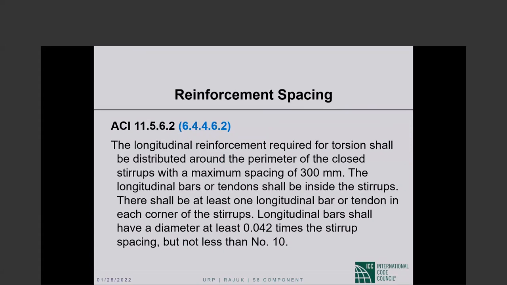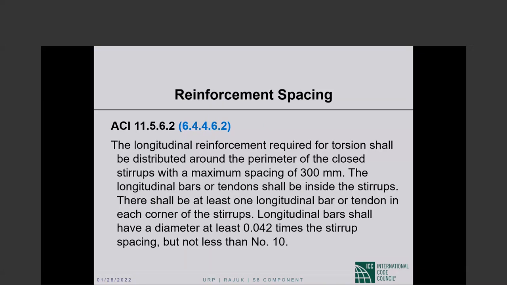The longitudinal reinforcement required for torsion shall be distributed around the perimeter of the closed stirrups, around the perimeter. So flexural steel would be at top and bottom, but this reinforcement is around the perimeter with a maximum spacing of 300 millimeters. The longitudinal bars or tendons shall be inside the stirrups, very, very specific.